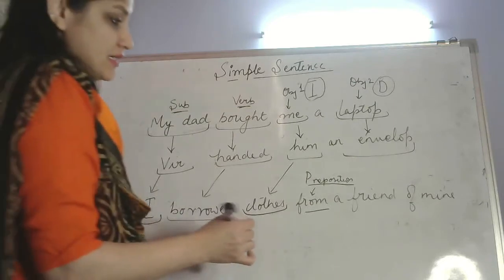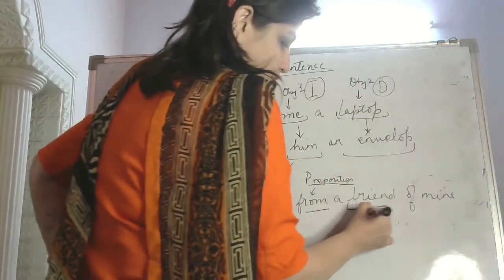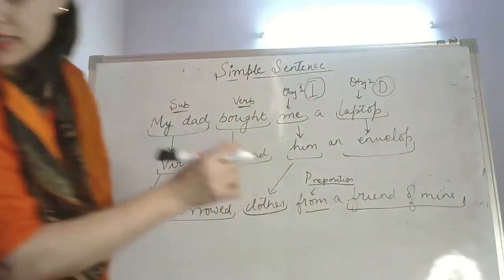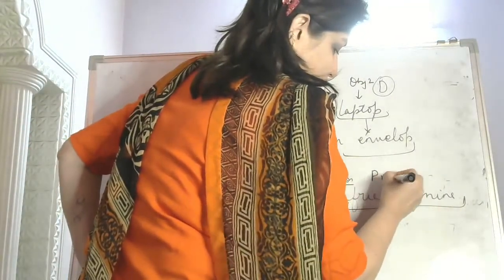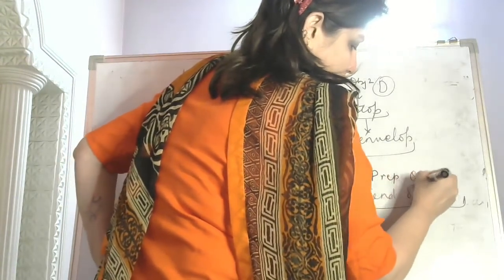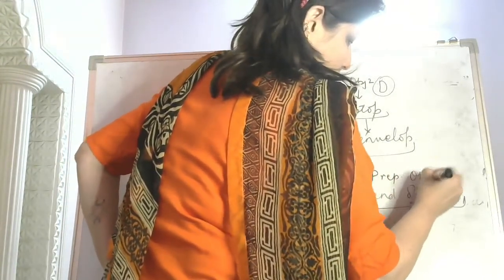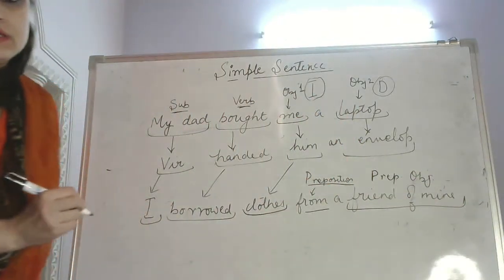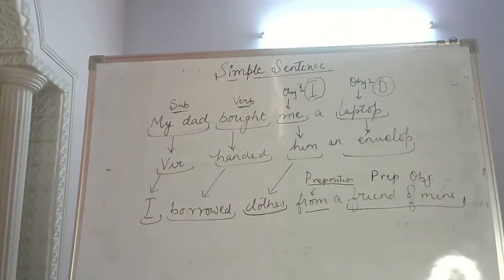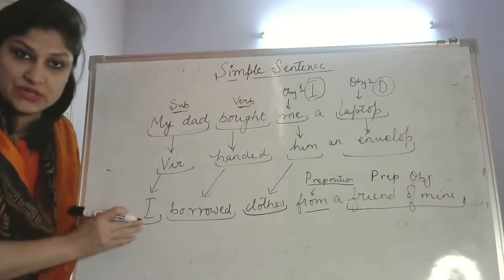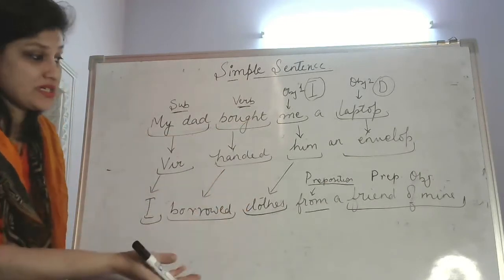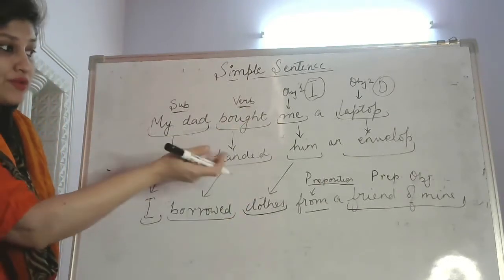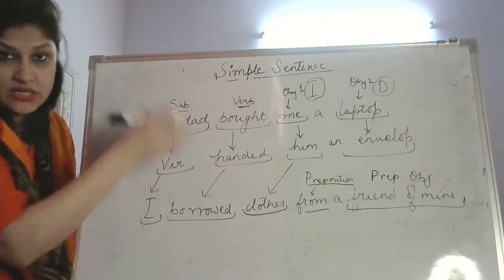And this part is your prepositional phrase, the prepositional object. Right? So this is how you will understand. So every simple sentence will have a subject and a verb, you'll have one object or maybe two objects, you'll have a preposition, you'll have a prepositional object, anything, right?